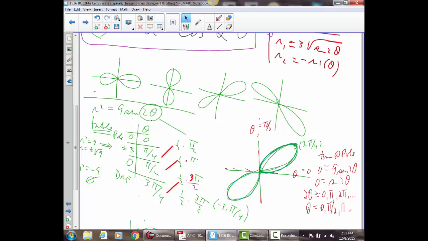Well, when the angle, which is 2 theta, is 0, pi, 2 pi, 3 pi, dividing everything by 2, you find out that you have a tangent at the pole of theta equals 0, and then another one of theta equals pi over 2. As soon as you get to theta equals pi, you're repeating them. So they are quite fat, which means as it comes down here, when it gets close to the pole, it's actually almost vertical right here.